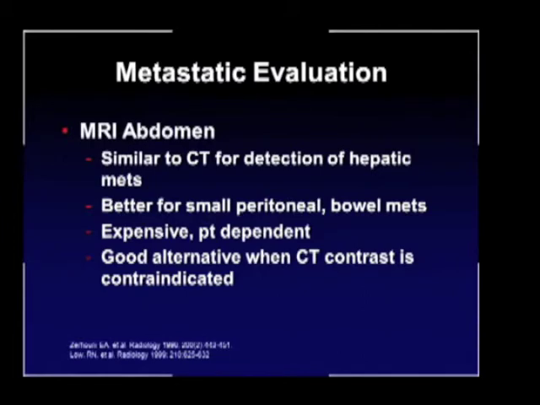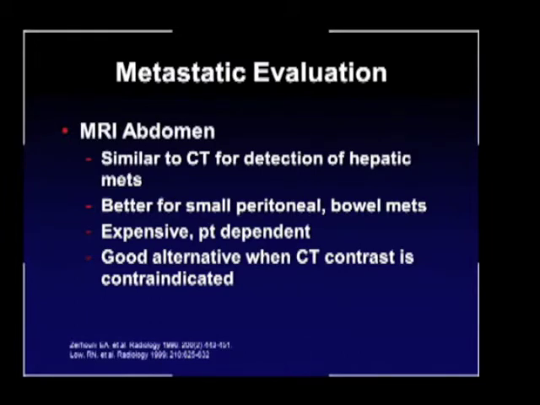MRI in older studies, which compared them head-to-head, had similar performance to CT for detection of hepatic mets. Although if that same study were carried out today with today's technology, it might be a little bit better. And MRI is also better for small peritoneal and bowel mets. So there is an argument to be made that MRI may be better than CT for looking for metastases.